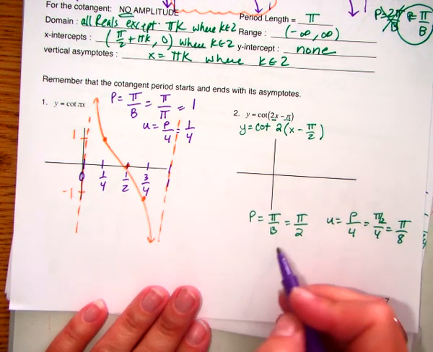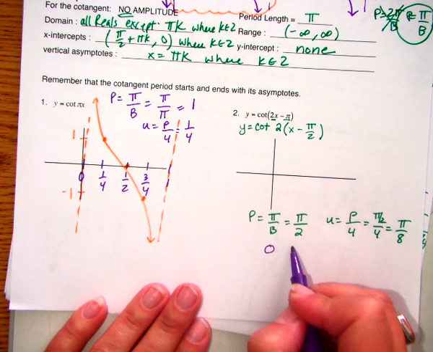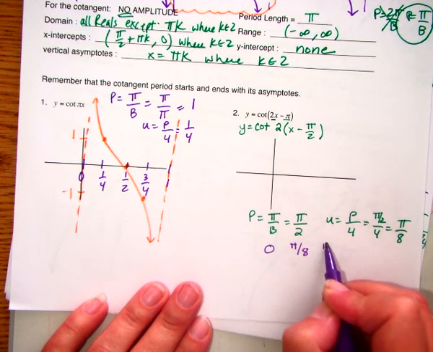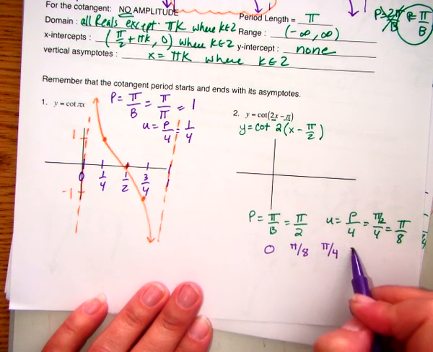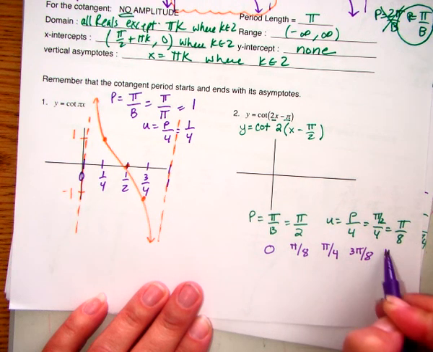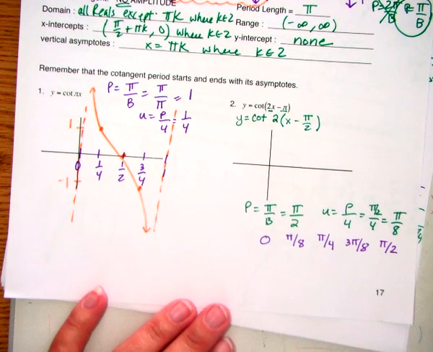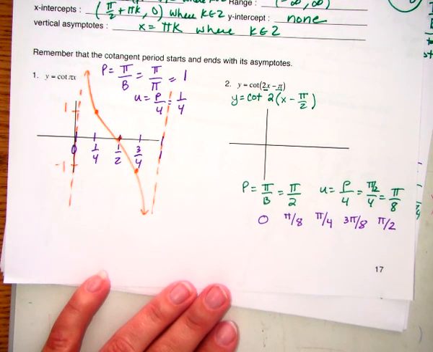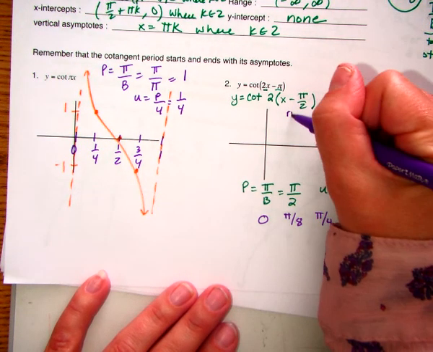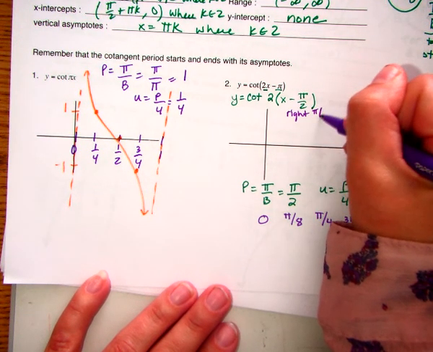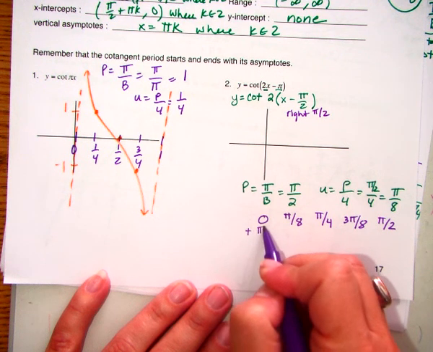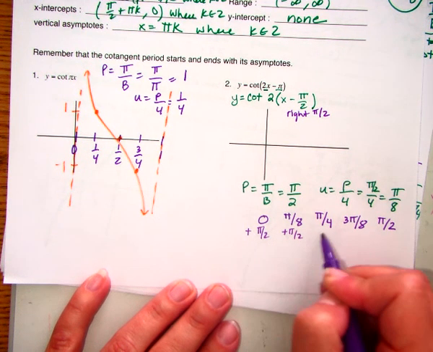All right, since it's cotangent, I can start at 0 and go up by pi over 8. So my starting points will be 0, pi over 8, pi over 4, 3 pi over 8, and pi over 2. And then I need to go right pi over 2, so I need to add pi over 2's to all of these.